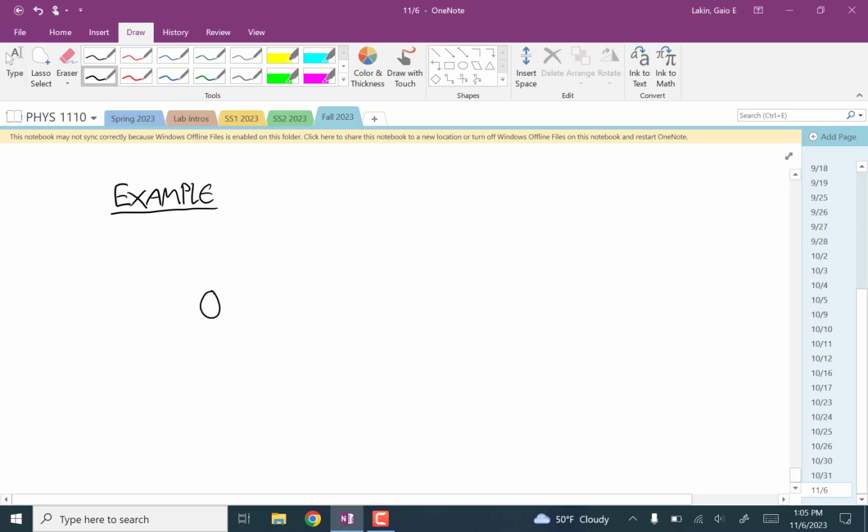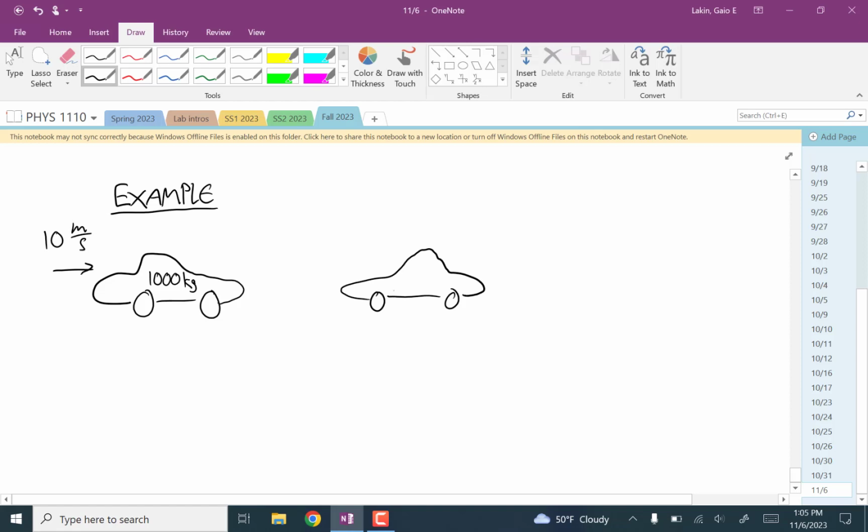So let's say that two cars collide. This one has a mass of 1,000 kilograms, and at the instant they collide, it's moving 10 meters per second. And this one has a mass of 1,200 kilograms, and it's moving this direction at 12 meters per second.